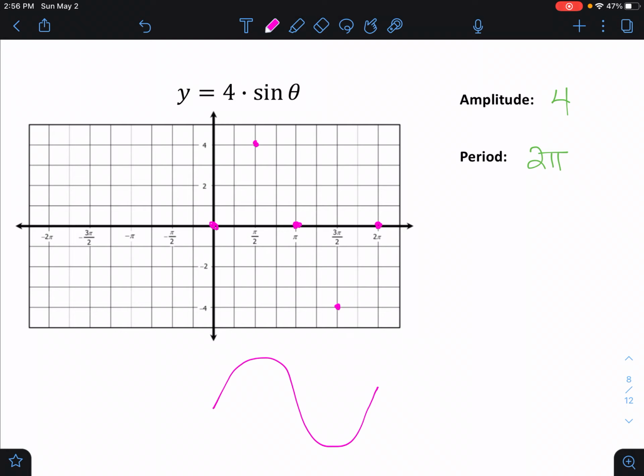Now I just repeat that and go back the other way. So I'm going to go back here. This would be at -4, 0, 4, 0. And I'm just going to connect these all together. So here we go.